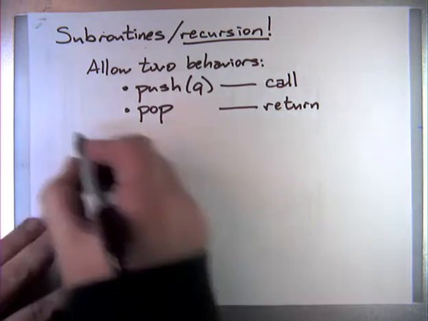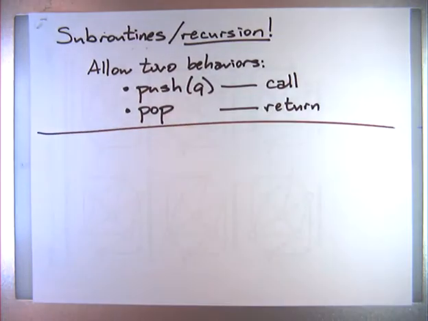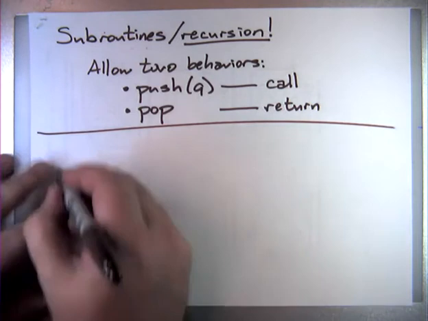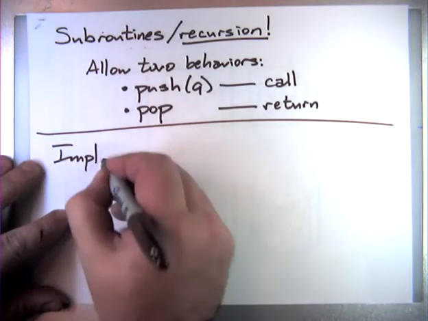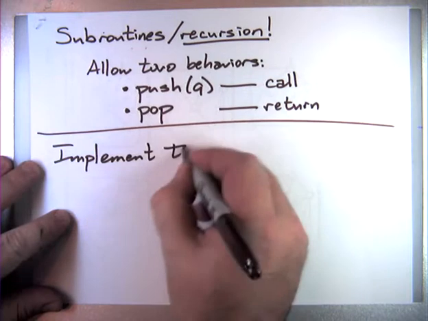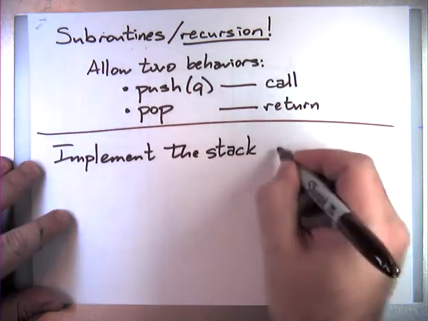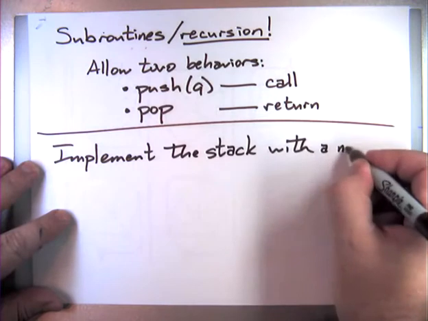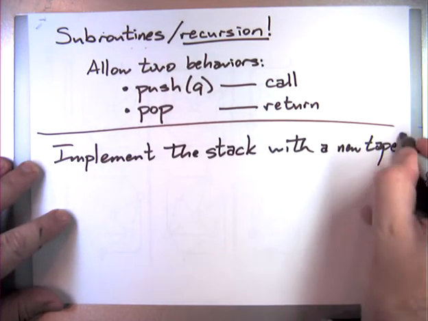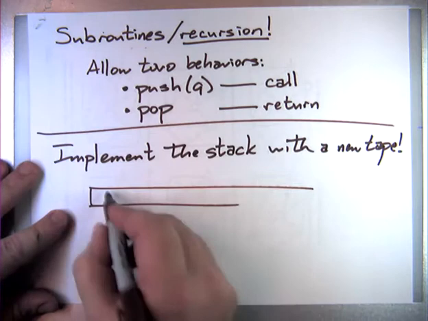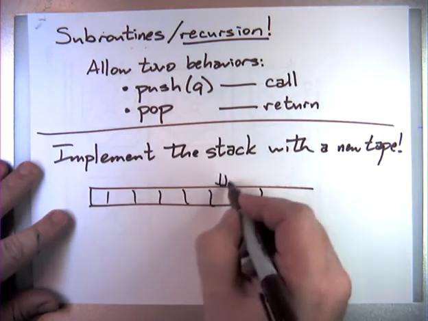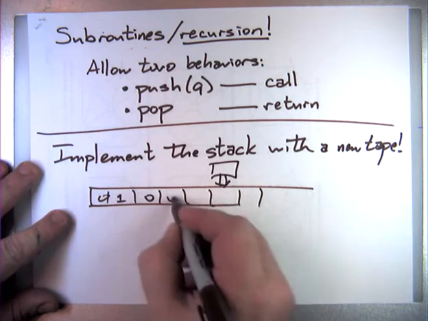How would I actually simulate this using a regular old Turing machine that does this purely iteratively? Yeah. I implement the stack with a new tape. Right, so I have my regular tape that stores data, 0, 1, 0, 0, 1, 0.